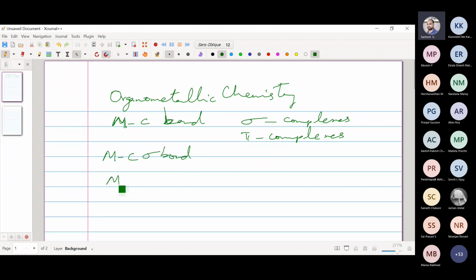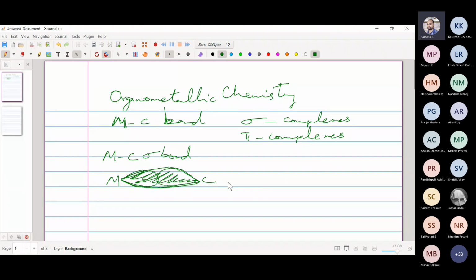I think I showed this picture last time. So from the metal you have an orbital like this, and from the carbon you have an orbital like this, and they overlap, and so you form a region around metal and carbon where there is electron density that is shared. So this will be the dense region where one electron from metal and one electron from carbon will be shared.